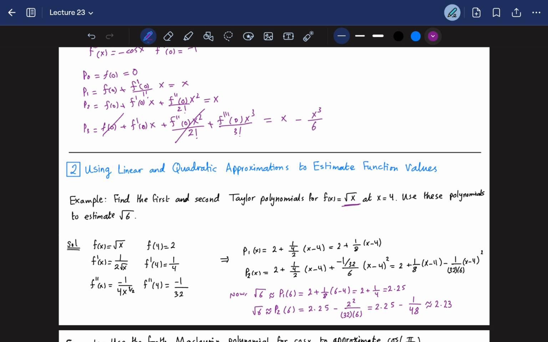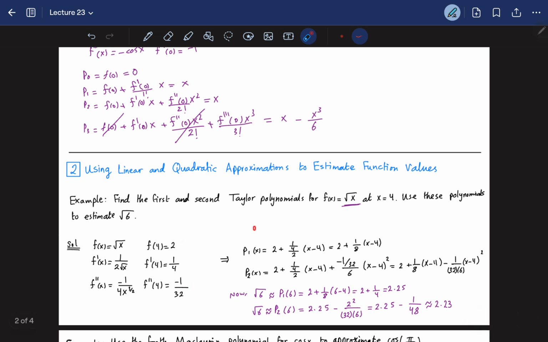To find the first and second Taylor polynomial, we need to find the first and second derivative and then plug in 4. So if that's your f, that would be your first derivative, then try it. You'll find that this is your second derivative. Once you plug in 4 inside of these derivatives, you're going to get these values.